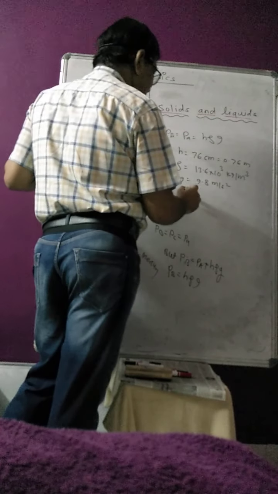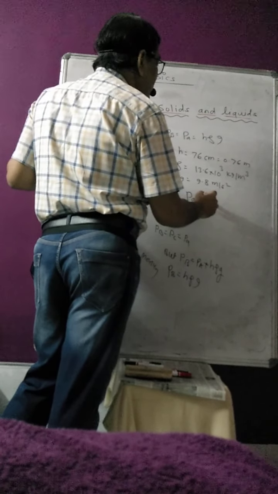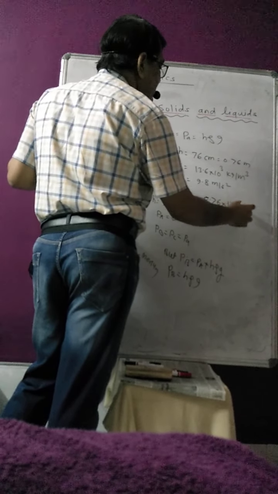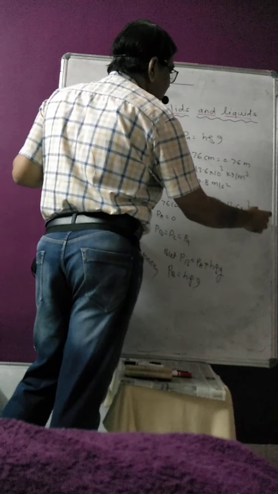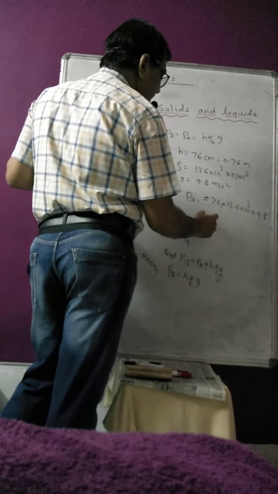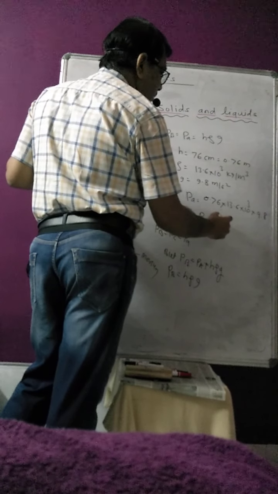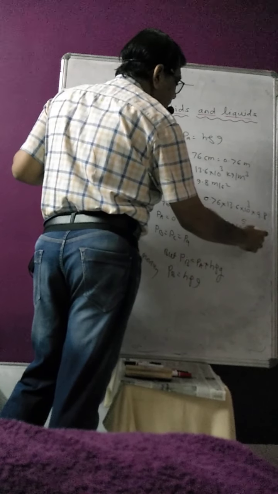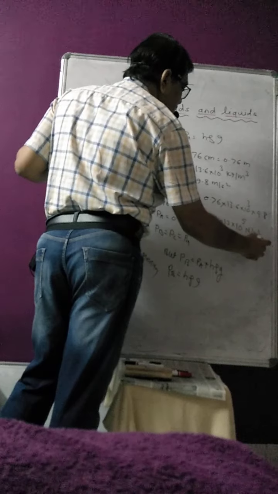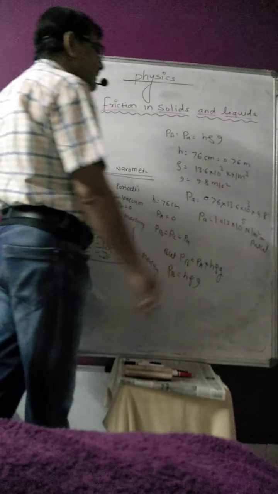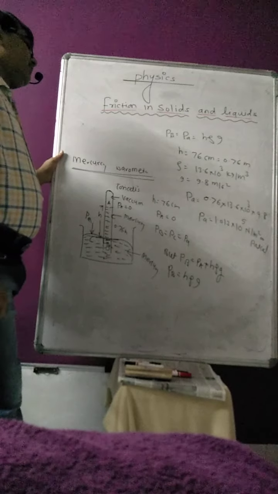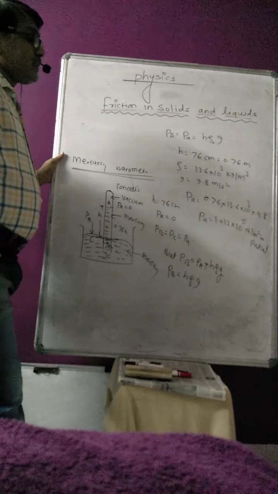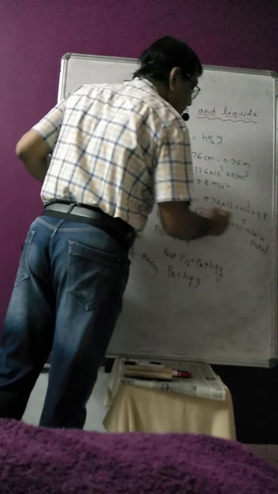So therefore atmospheric pressure is equal to 0.76 into 13.6 into 10 raised to 3 into 9.8, and if you calculate that, the answer is 1.013 into 10 raised to 5 Newton per meter square, or this is also given in Pascal, so atmospheric pressure is of the magnitude 10 raised to 5 Pascal. We can say that that is the atmospheric pressure.